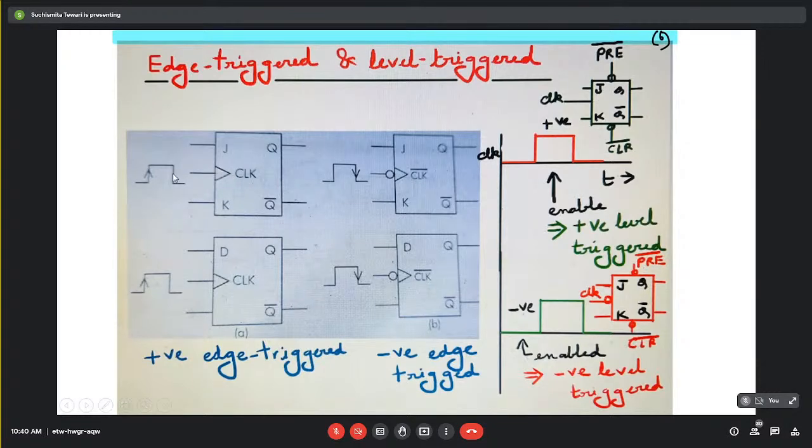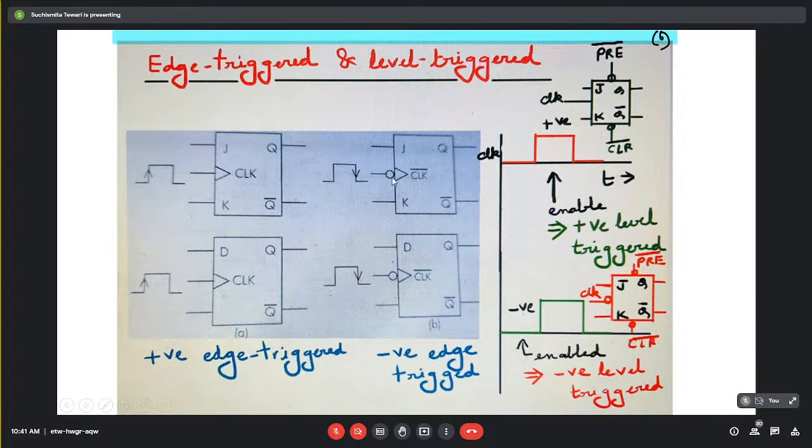And when you are drawing the clock signal, that is the timing diagram, the waveform, if you put an arrow over here, that means this is edge triggered, and since we are putting the arrow only at the rising edge, it is a positive edge triggered flip-flop. Similarly, if we want a negative edge triggered, we will do this here. And for this symbol, we put a bubble over here if it is activated by clock bar.